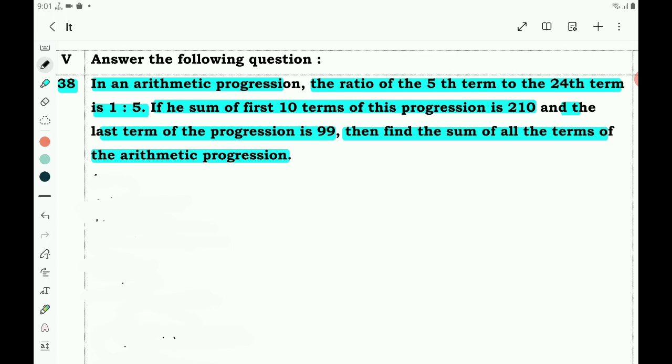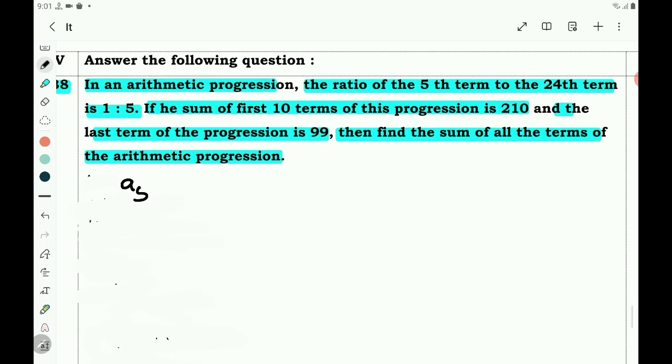Now let us consider one by one. First, what is given? A5 is to A24 equals what? 1:5. Then you write in terms of numerator by denominator.